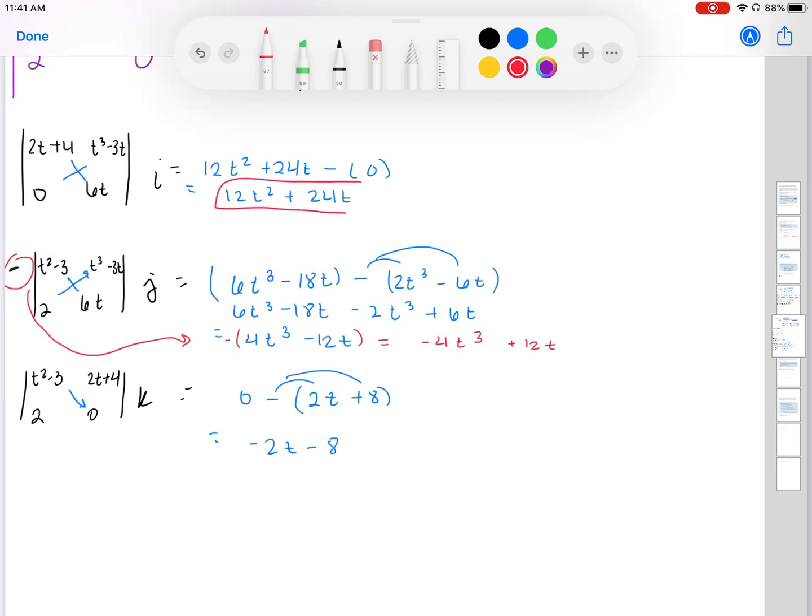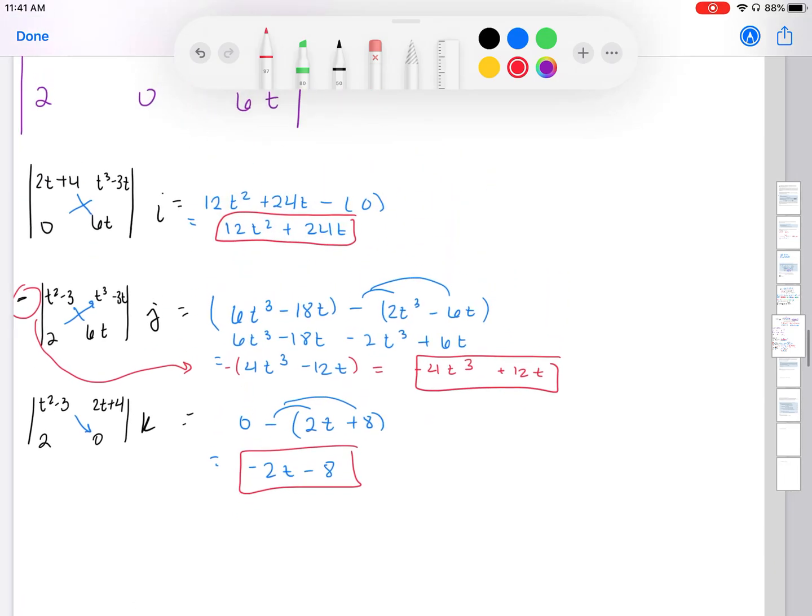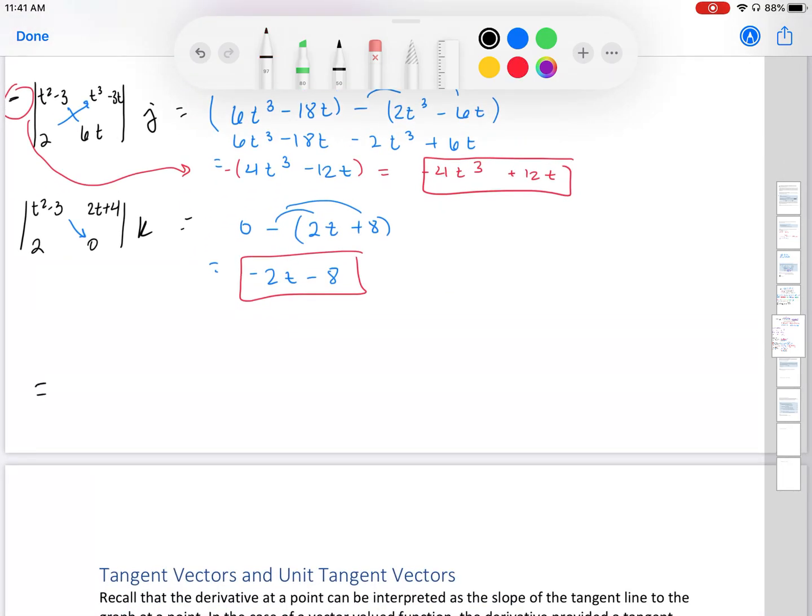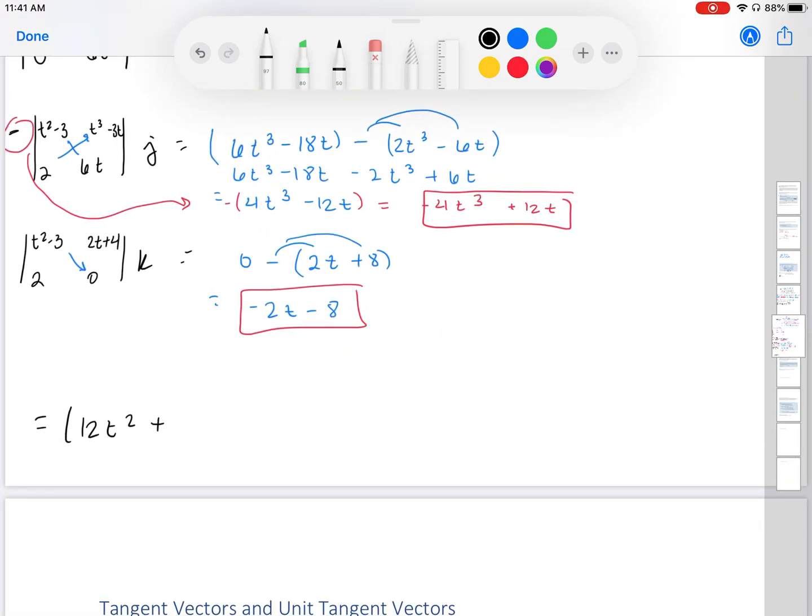So we have our i, our j, and our k. And our final answer would be 12t squared plus 24t, plus, well, I want the minus in between, so I can just switch them, right? 12t minus 4t cubed j, plus, or I can factor out a negative, your call, negative 2t minus 8 k.